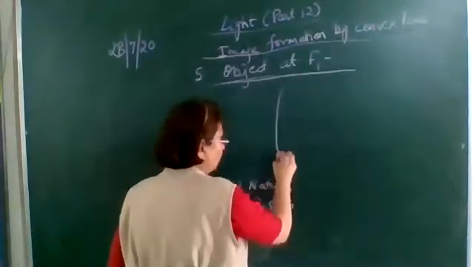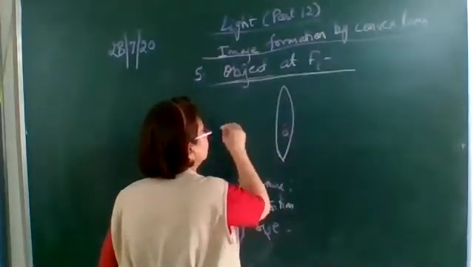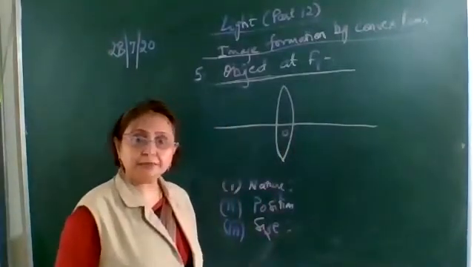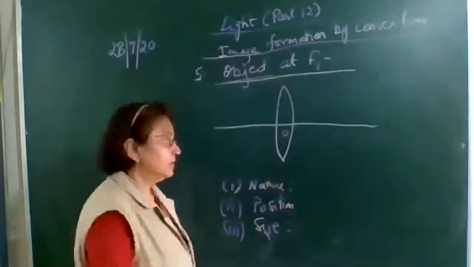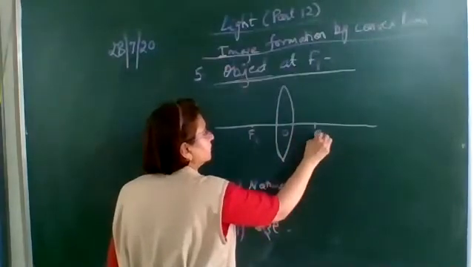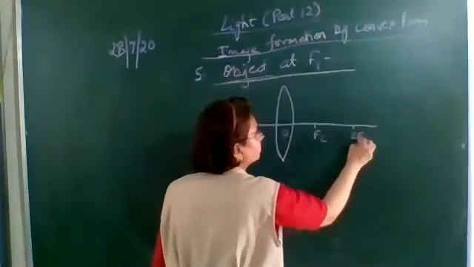Okay, draw the convex lens. Mark the optical center. Straight line passing through the optical center perpendicular to both the faces is the principal axis. Mark F1, F2, 2F1, 2F2.